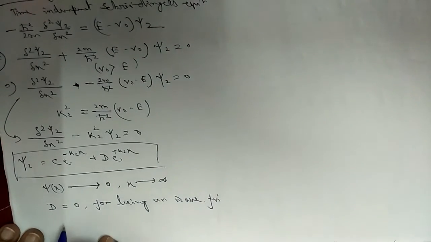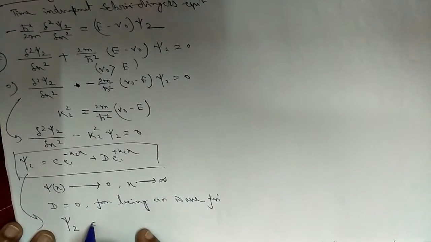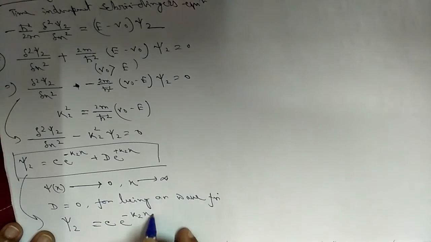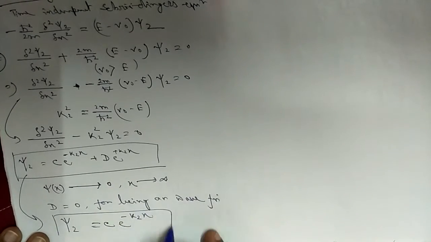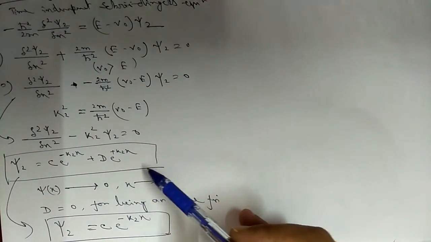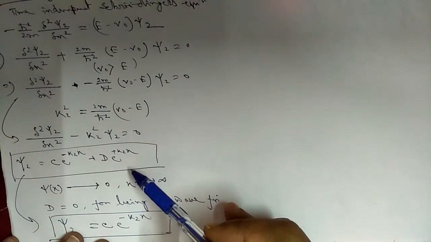So from that you can write psi 2 will only be C e to the power minus k2 x. You will remember this part, that for region 2 I am doing one trick, testing the possibility of being a wave function, or the physical characteristics of a wave function.